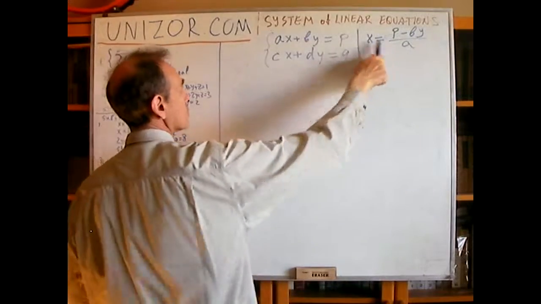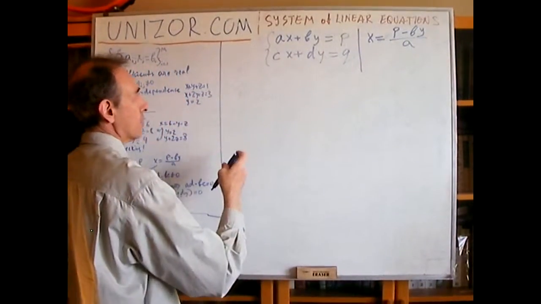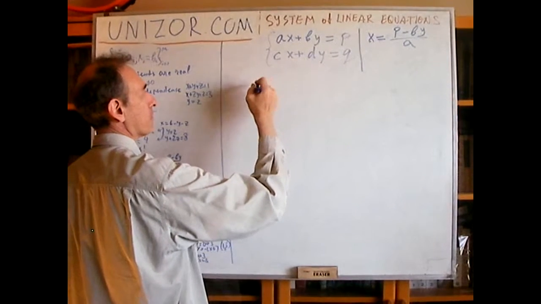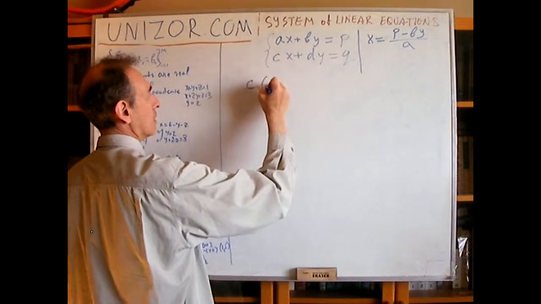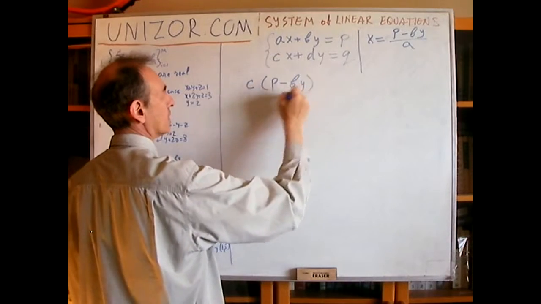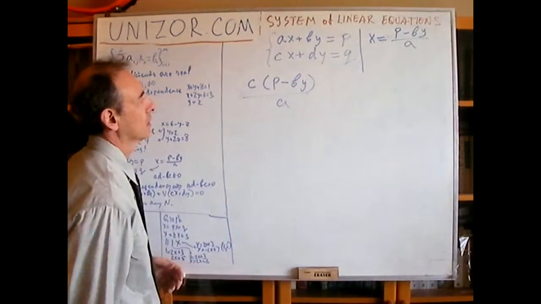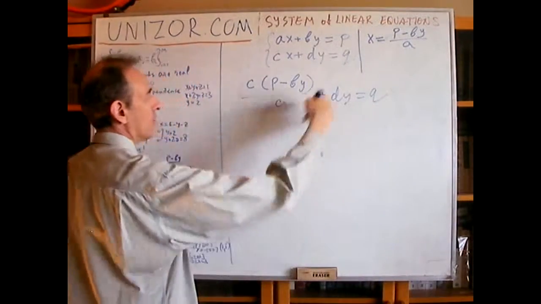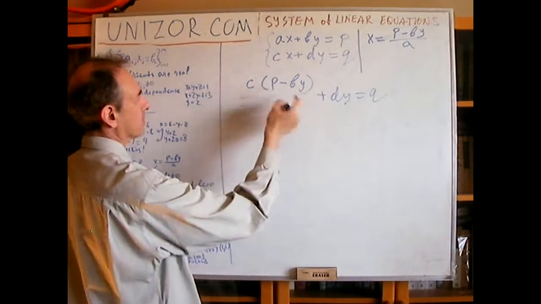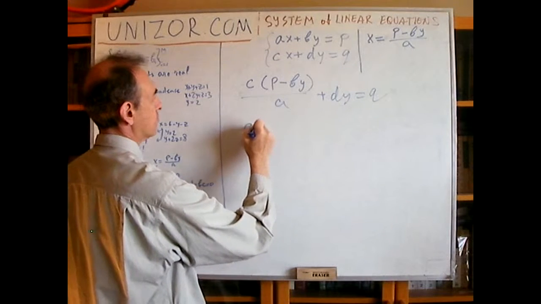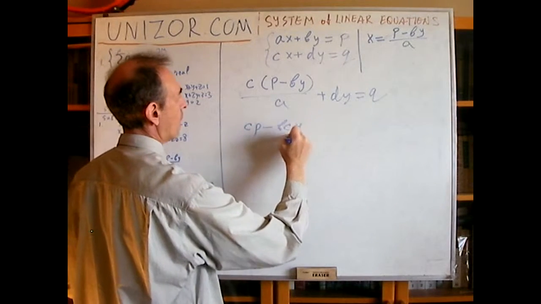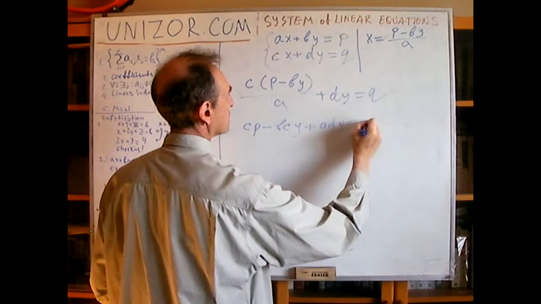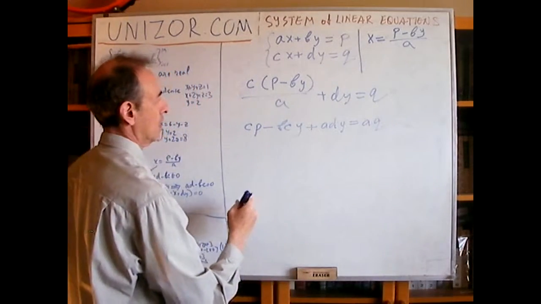Now, I substitute it into this, and I am getting only one equation with one variable y, which is c times p minus by divided by a plus dy equals q.